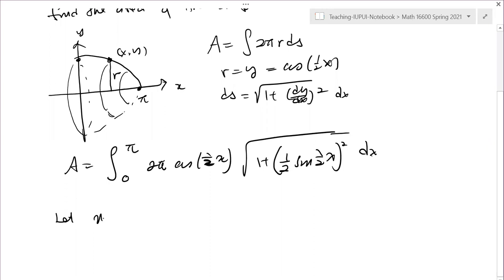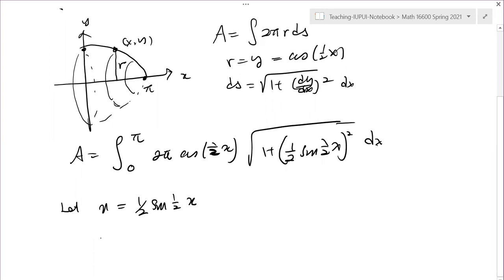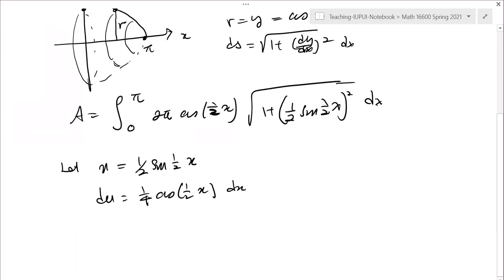So let u be half of sine half of x, because I want to get 1 plus u squared. So du equals a quarter cosine half of x dx. That's good. So this part will be 4 du.